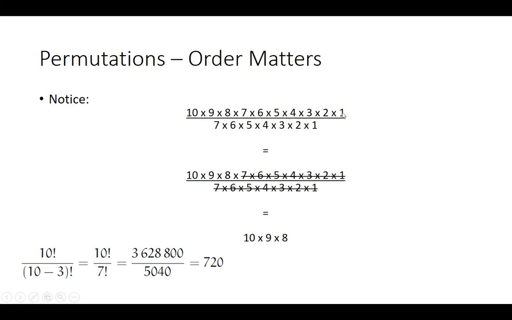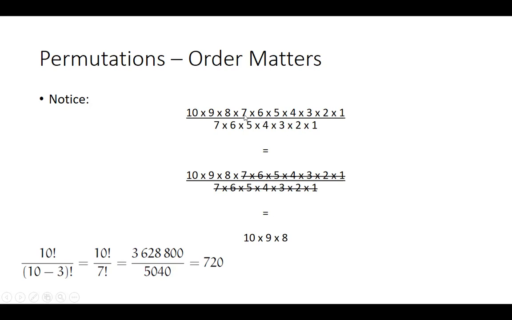Notice, if we have this fraction here, which would have 10 factorial on top, 10 times 9 times 8 times 7 times 6 times 5 times 4 times 3 times 2 times 1, and 7 factorial on the bottom, which would be 7 times 6 times 5 times 4 times 3 times 2 times 1.